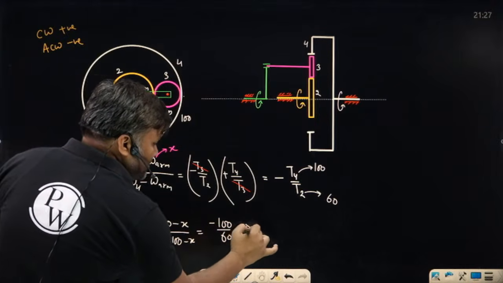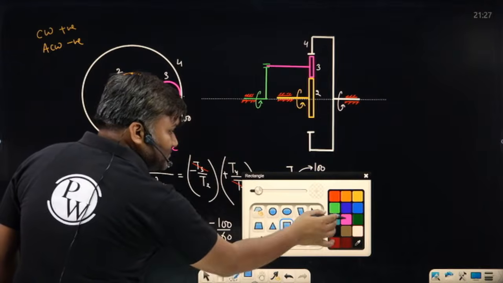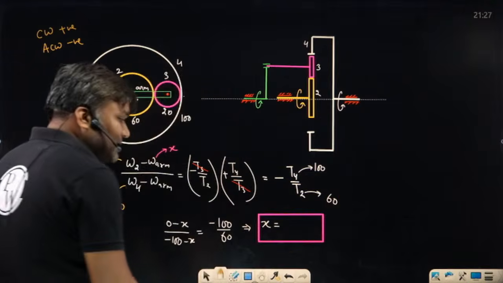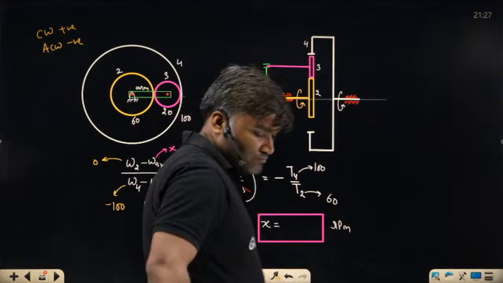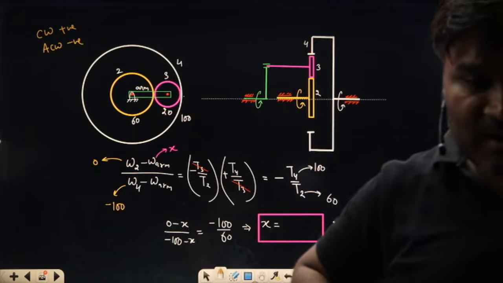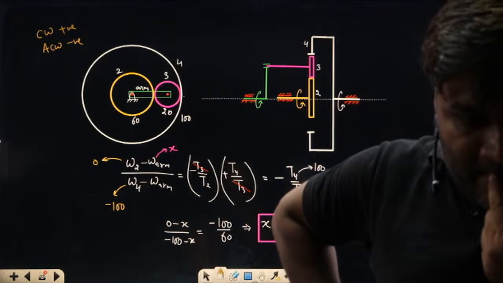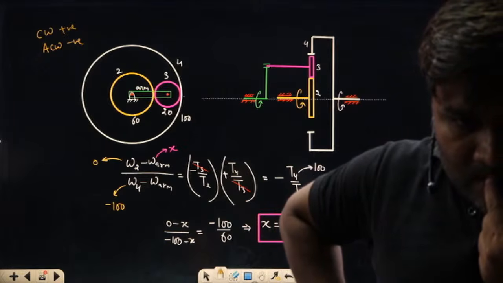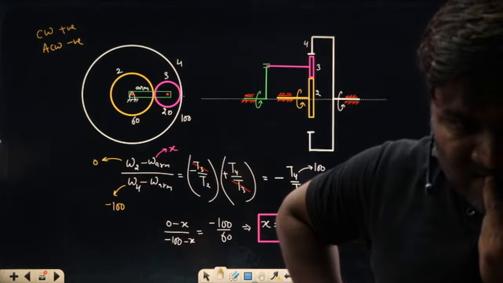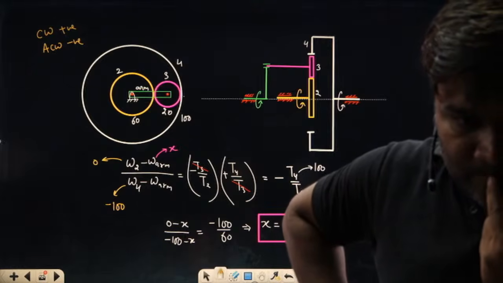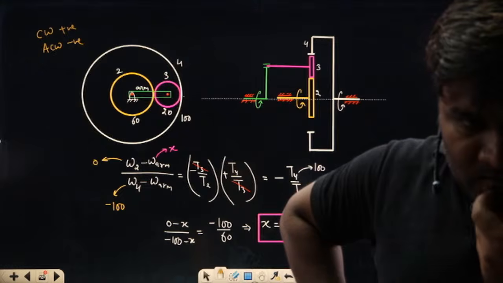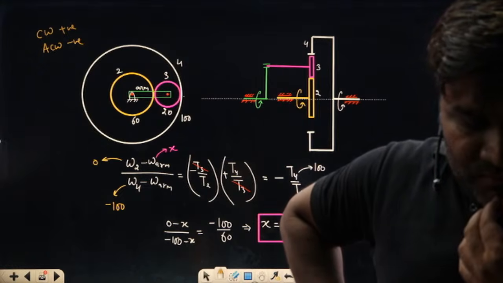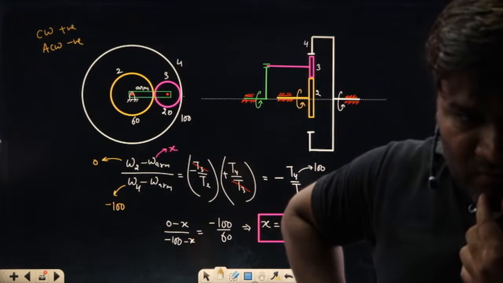Can we solve this for the value of x? What is x, anyone? With the sign, positive or negative, can you tell me what is the value of x? Some RPM we are going to get. Try solving this and tell me the answer. Tell me, can you solve for this?